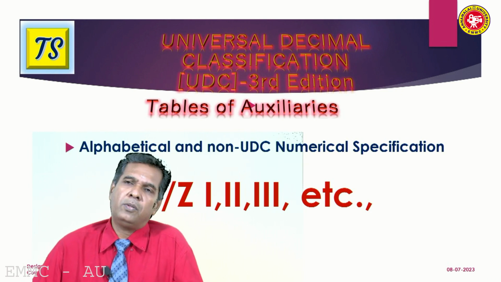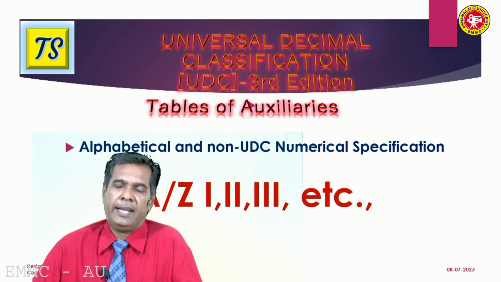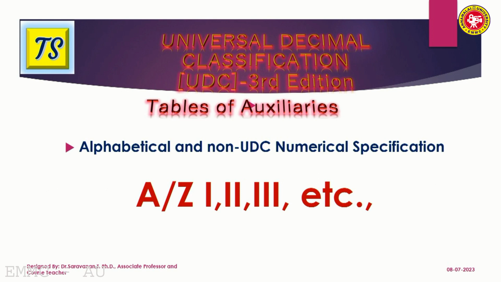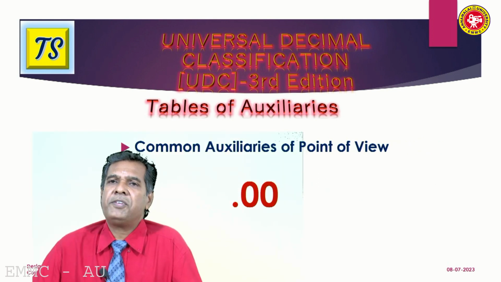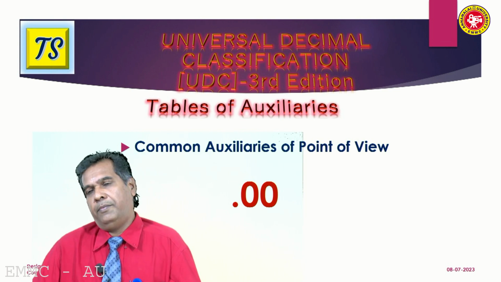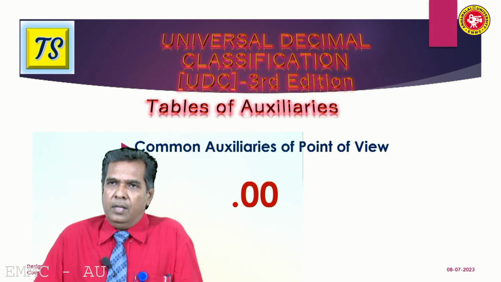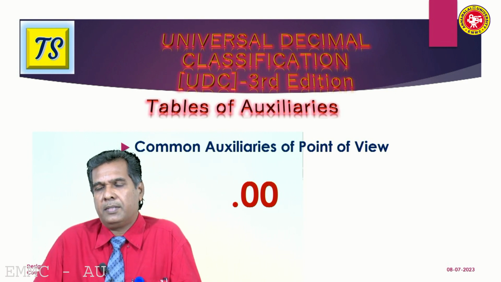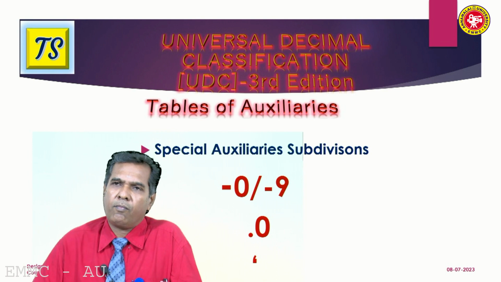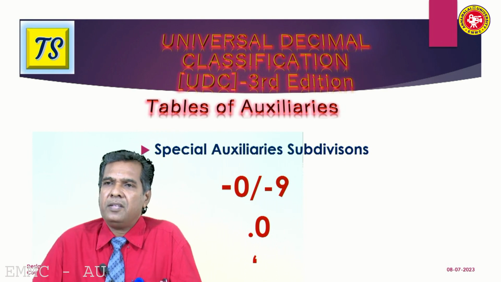When we are not able to identify the correct digits, they help us. This is referred to as the point of view. They help to connect various numbers. This is the special auxiliary subdivisions.